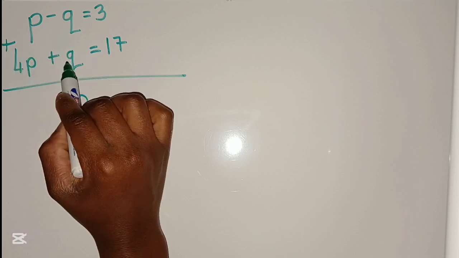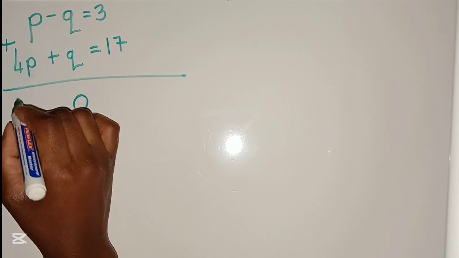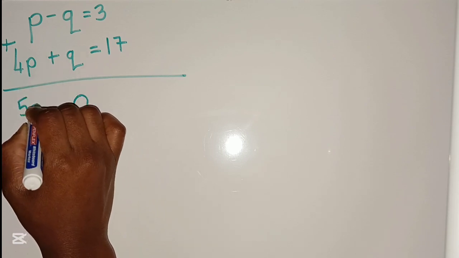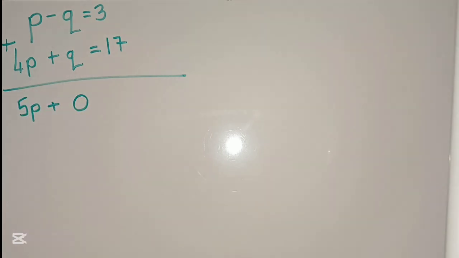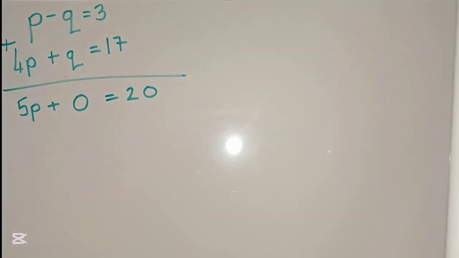Negative q plus q is 0. p plus 4p is 5p. 3 plus 17 is 20. The 0 is just to show that q has been eliminated.